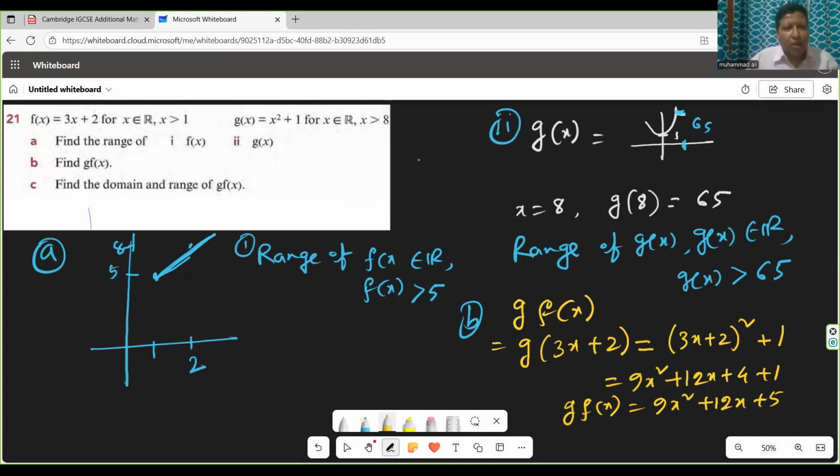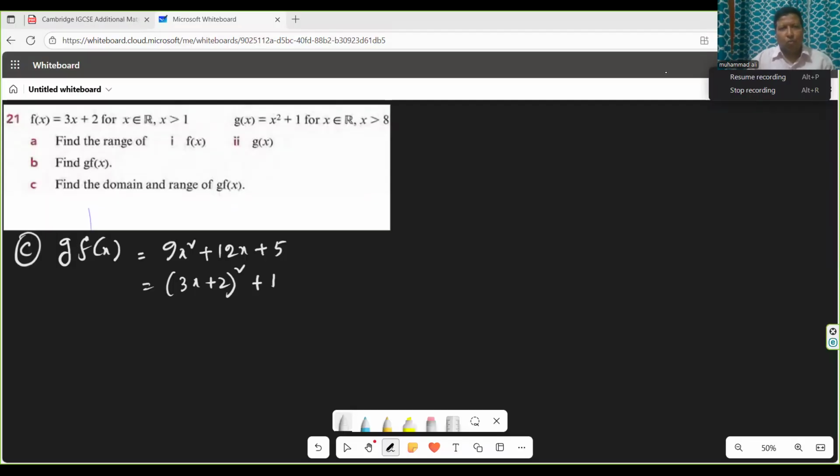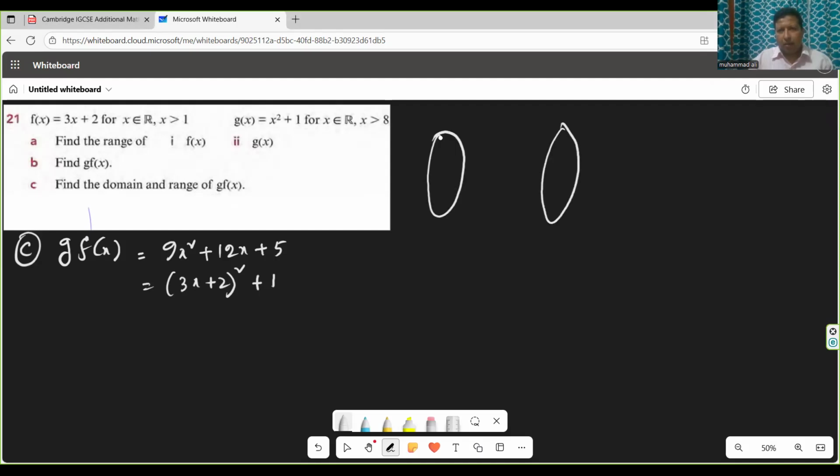Now we have to find the domain and range of gf(x). At first, we have to observe this mapping. x is mapped to f(x), and f(x) is mapped to g, that means gf(x). In the f function, the condition on x is x belongs to real numbers, x greater than 1.